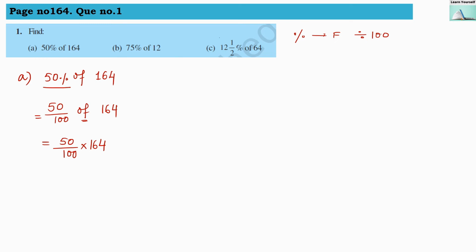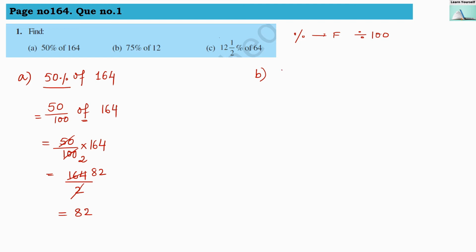Let us simplify this. 50 2s are 100, so we get 164 divided by 2. 82 2s are 164, so our number is 82. That means 50% of 164 is 82. The other way of finding 50% of 164 is to divide by 2.